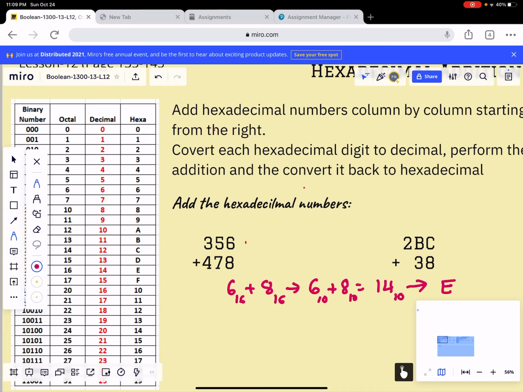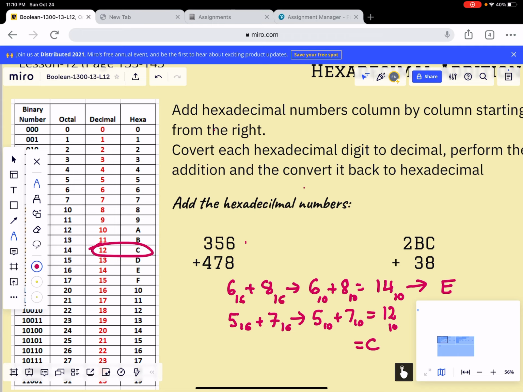For the second column, I got 5 hexa plus 7 hexa, and I will have to convert back to decimal, so it becomes 5 decimal plus 7 decimal equal 12 decimal. And 12 decimal is letter C, so I write out letter C right here.